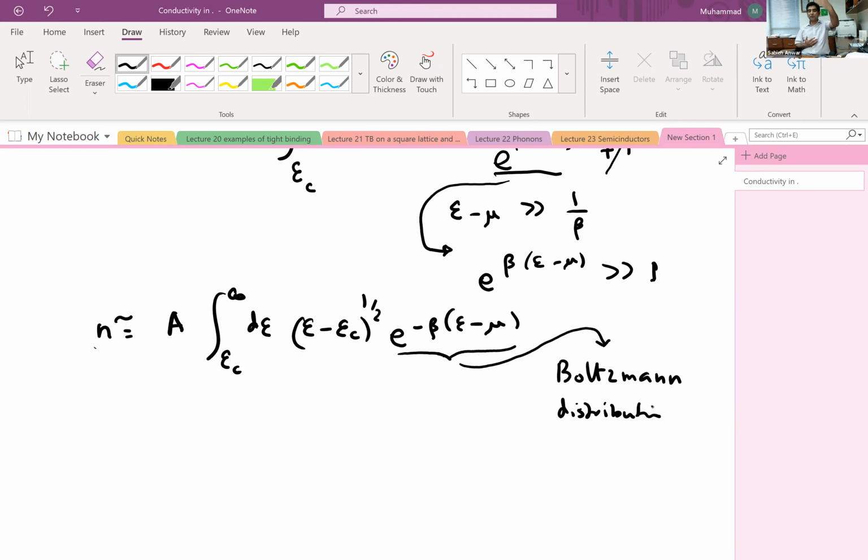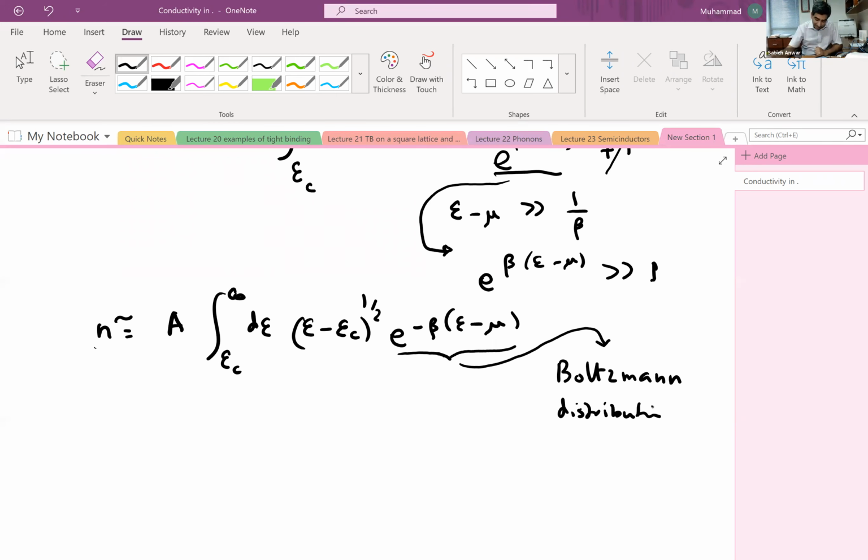They go into the conduction band, and now a huge number of states are available. There is no concept of Pauli exclusion principle because the electrons can easily roam about in the entire space, and these electrons are now behaving like a free gas of electrons. And that's why we could also assume that the density of states was proportional to the square root, as for free electrons inside a metal.